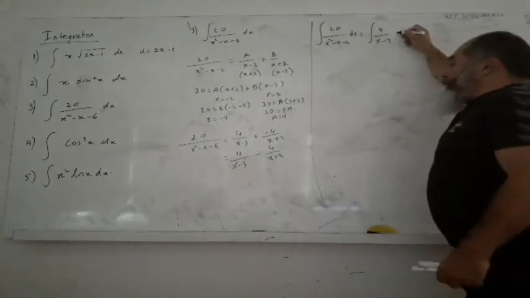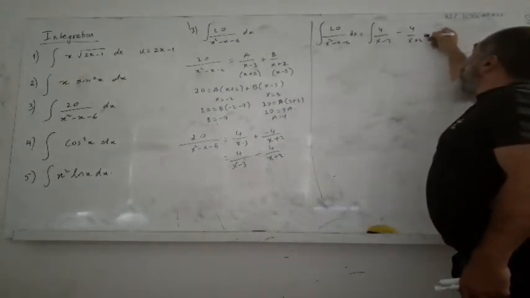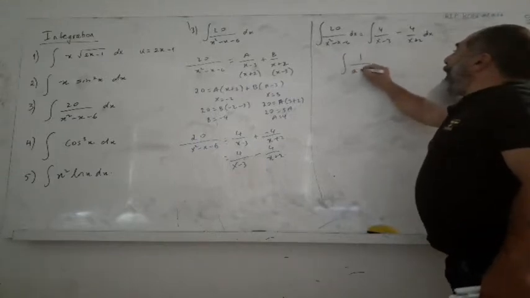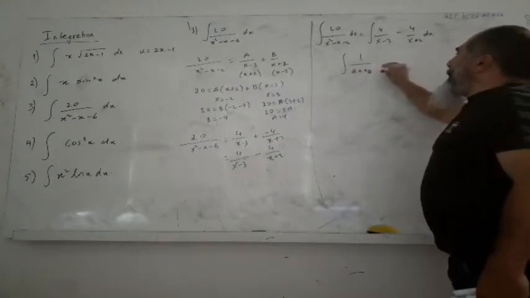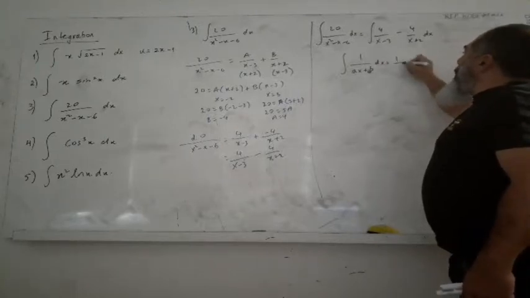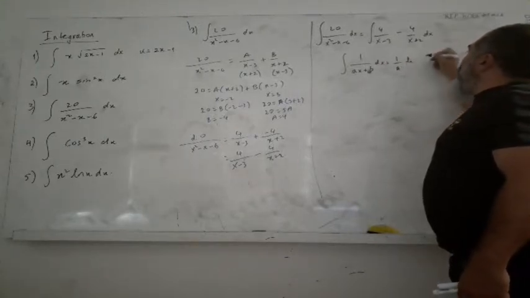And we have to remember that the integration of 1 over ax plus b dx is equal to 1 over a ln of ax plus b plus c.